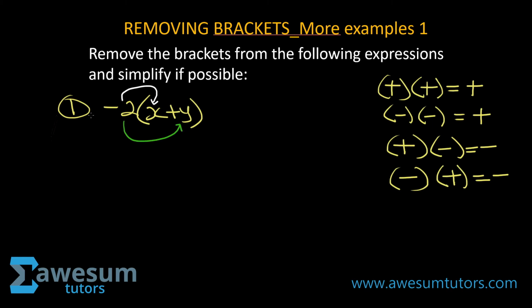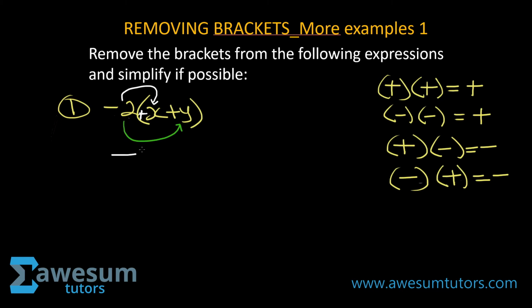So now you're going to have negative 2 times x. We know that having an x here means you have an invisible plus, right? That means negative times positive gives you negative, because they are unlike signs. So that's going to be minus or negative.